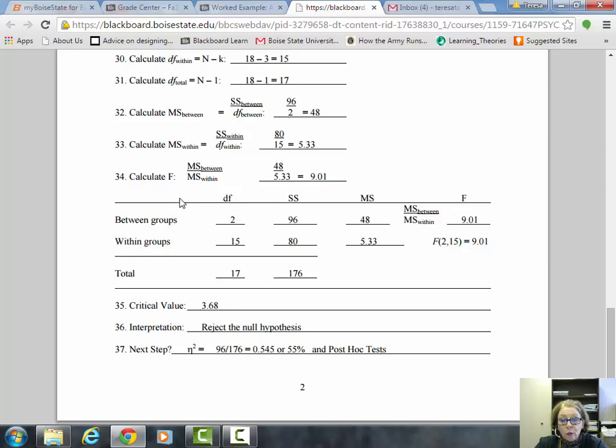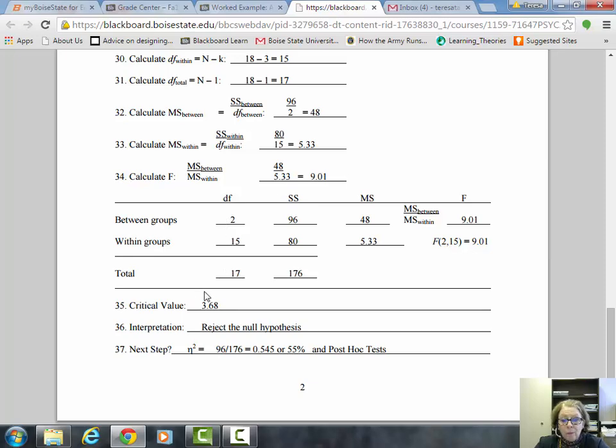Sometimes you see the word source right here above how the variability is partitioned. And the only alternative format that you might see is sometimes the sum of squares column is listed first, sometimes the degrees of freedom column is listed second, but generally the format is laid out in the same universal fashion. And if you know how to read the table, then notice a couple of things that are important here.